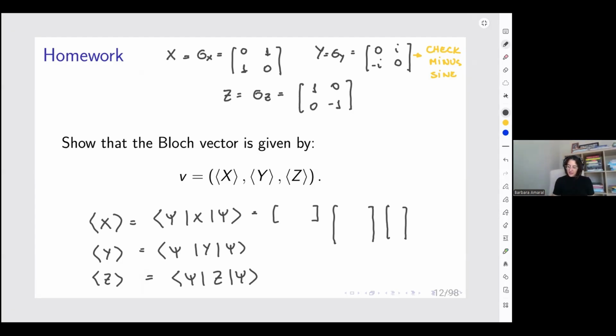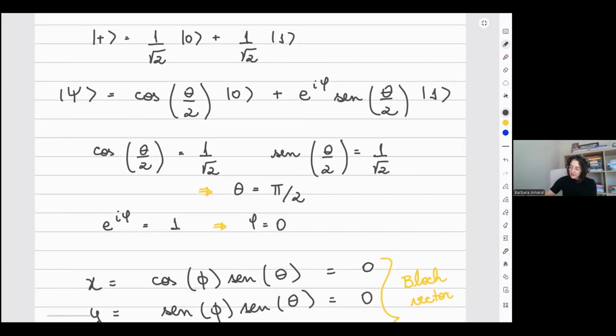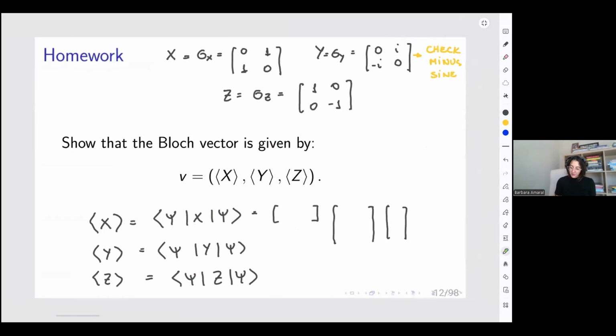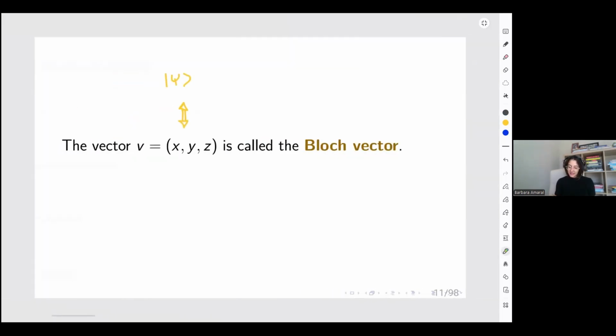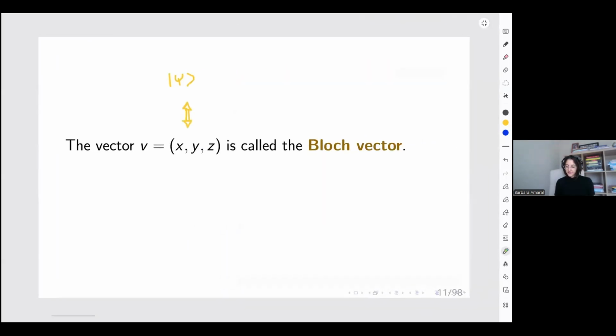So you will notice that if you get this state with these entries, and you use these three matrices and compute these matrix products, you will get exactly the coordinates of the Bloch vector, okay?